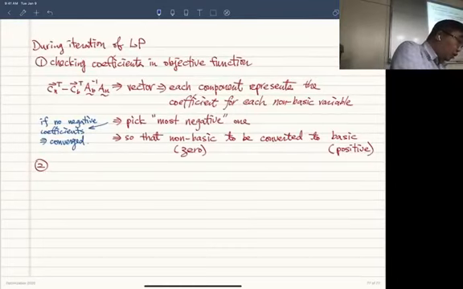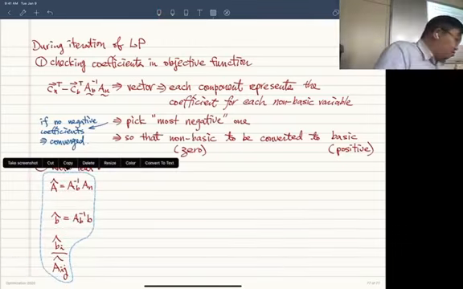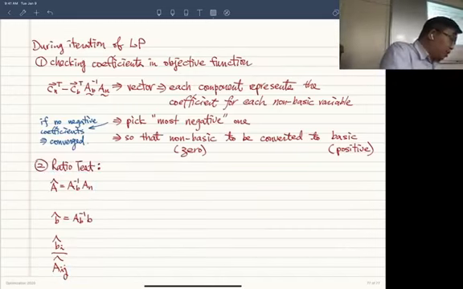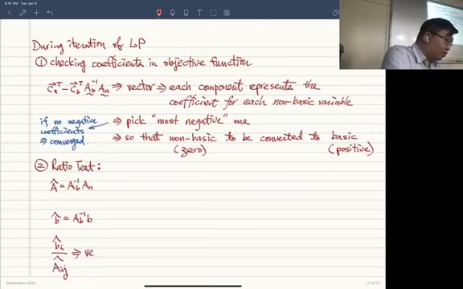In the second step, we do a ratio test, and we need to calculate these matrices, and then when you calculate these, you will also get a vector, and in this vector you need to pick the smallest positive.